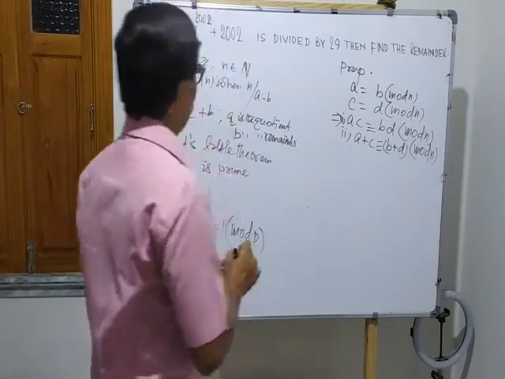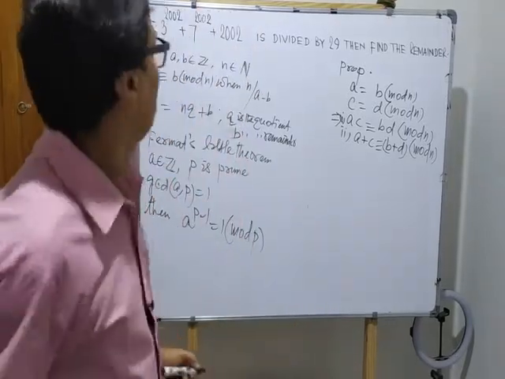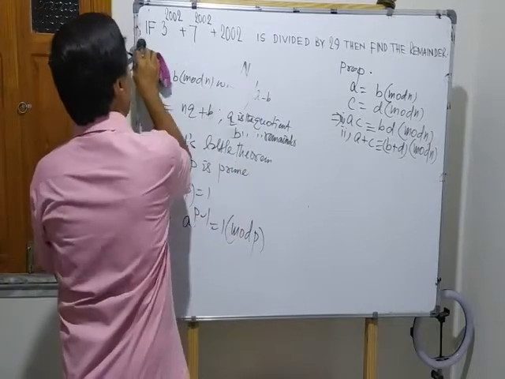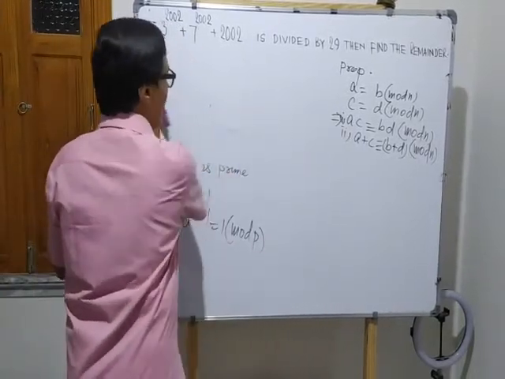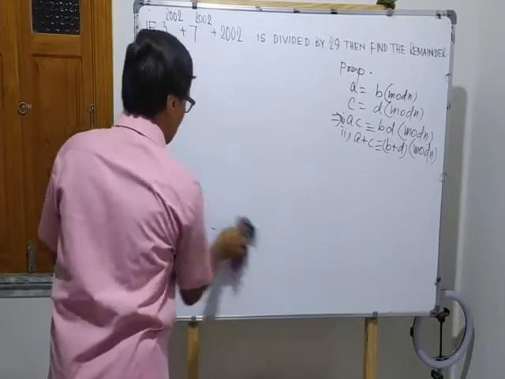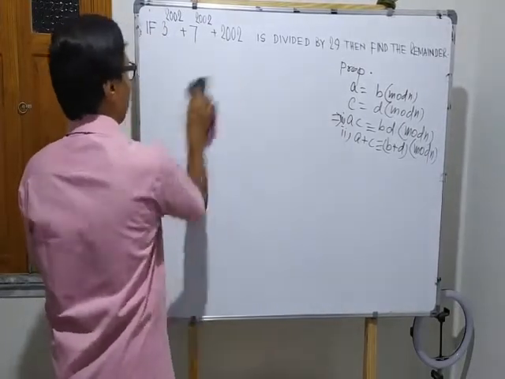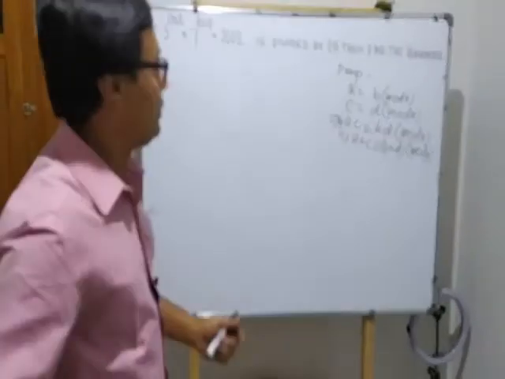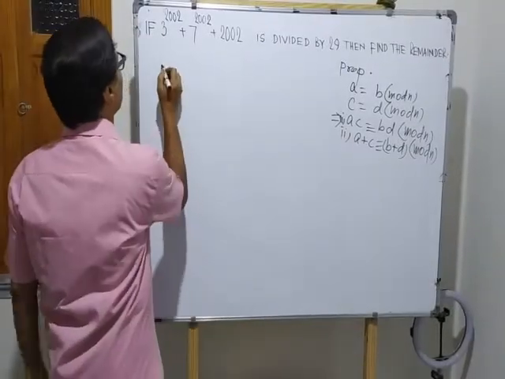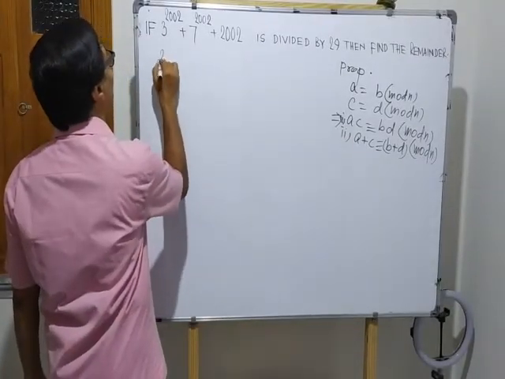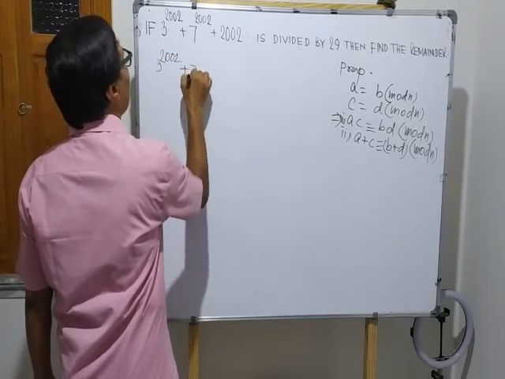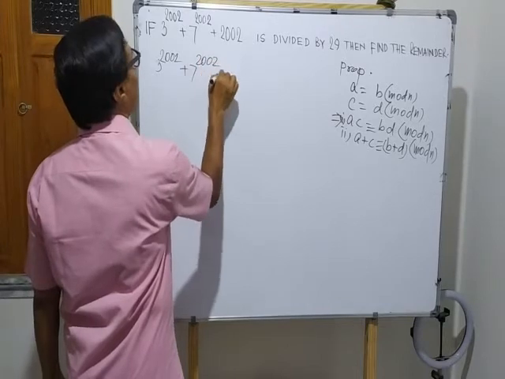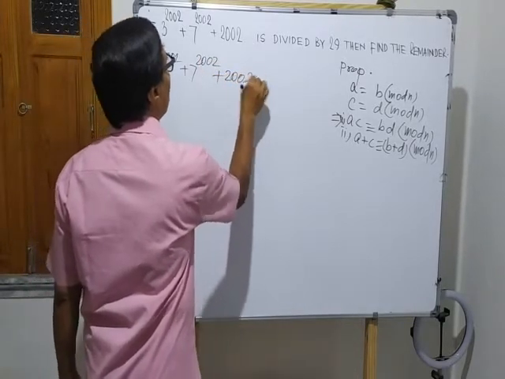Now we write 3 to the power 2002 plus 7 to the power 2002 plus 2002.